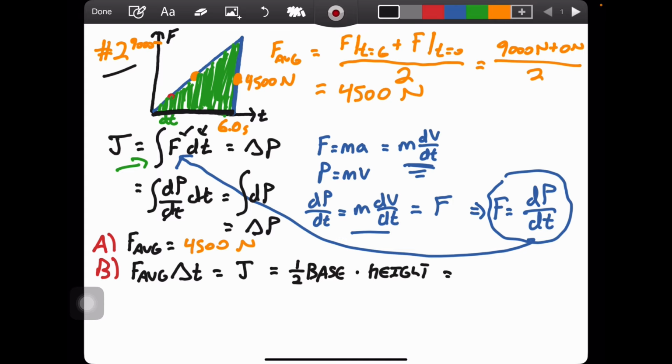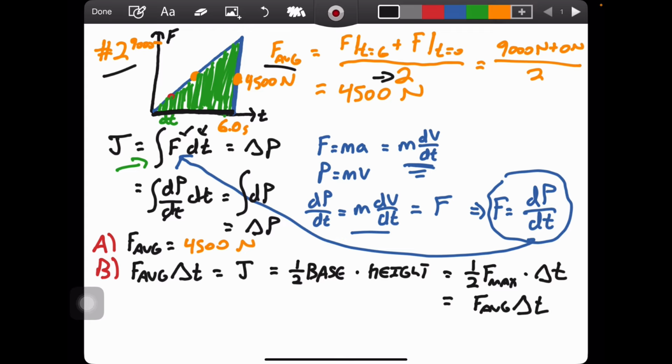Well, that's just equal to 1/2 F max times delta t, because delta t is 0 to 6 seconds. And remember, 1/2 F max, we had the average. You see how we divided by 2 here? This is just equal to the average force multiplied by delta t.